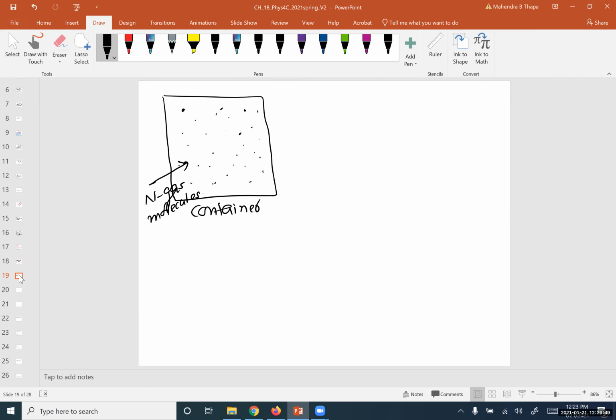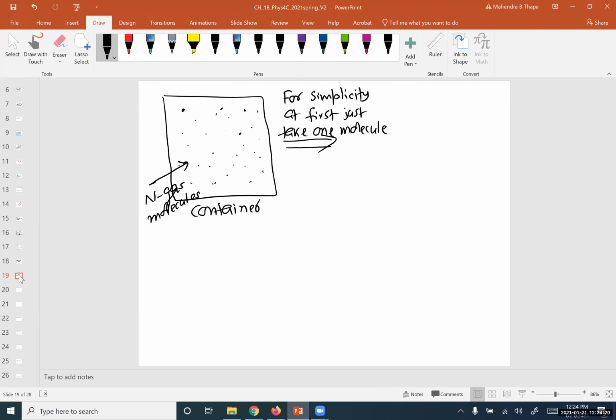Okay. For simplicity, to make our life easier, at first, for simplicity, means to make our math easier, at first, just take one molecule of the gas.